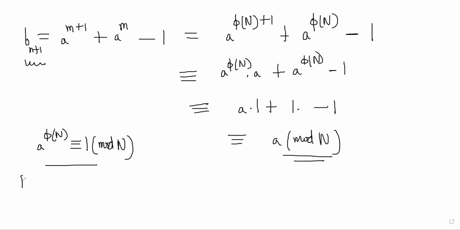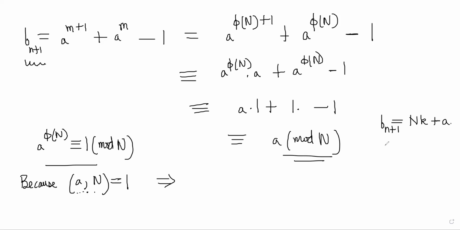Now, because GCD of A and N is equal to 1, that implies that A and N are co-prime with each other. So what we are getting is B of N plus 1 is coming out here as some N times K plus A, right? So what can we say about the GCD of B of N plus 1 and N?